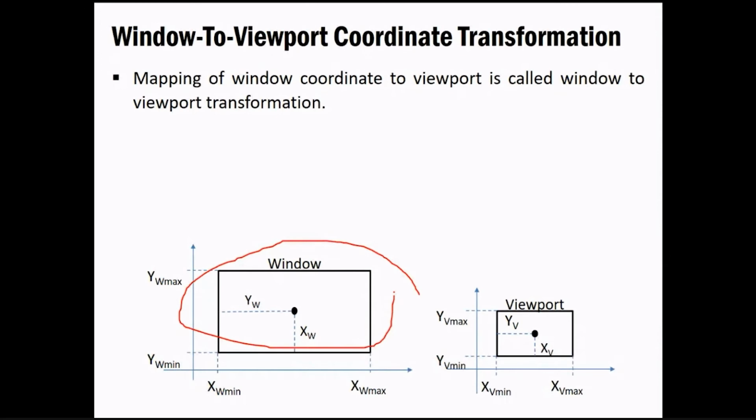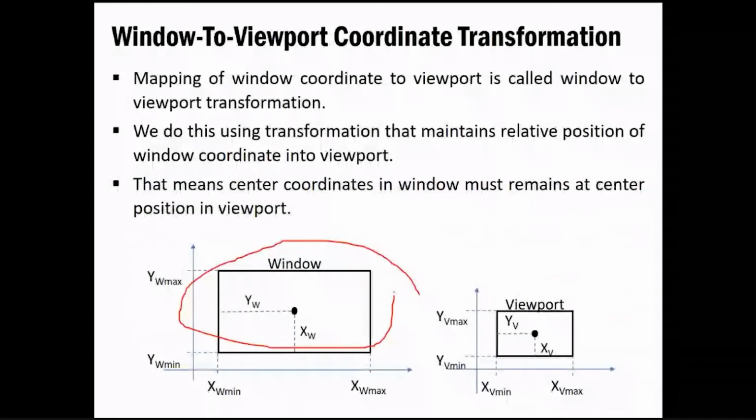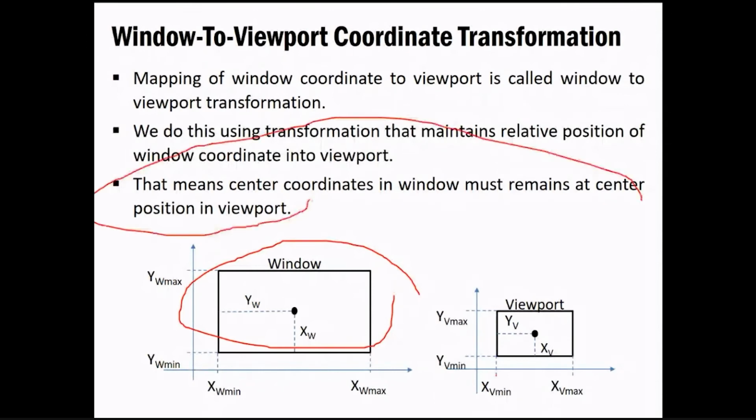We do this using a transformation that maintains the relative position of window coordinates in the viewport. The basic thing is that we are not distorting our shape; the center coordinate in the window must remain at the center position in the viewport. If we are successful in achieving this scenario, then we have achieved the complete thing. Whatever we want to model, we have modeled it on our display devices. Now we'll see how we can achieve it.